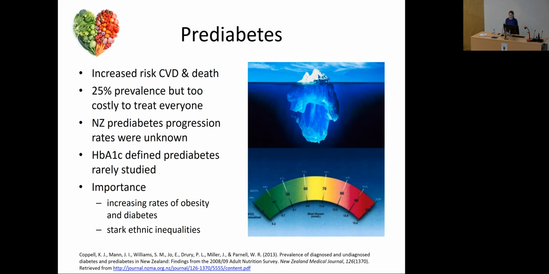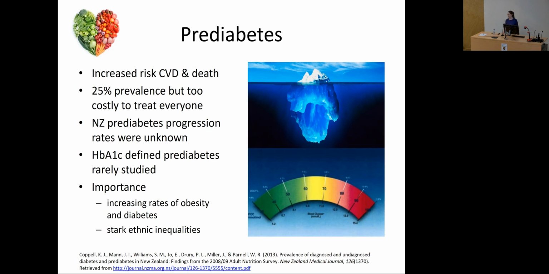New Zealand progression rates of pre-diabetes weren't known before we did this project. And also, interestingly, a lot of the literature on pre-diabetes progression to diabetes is sort of from randomised control trials, and it's often using glucose tolerance tests and other measures.